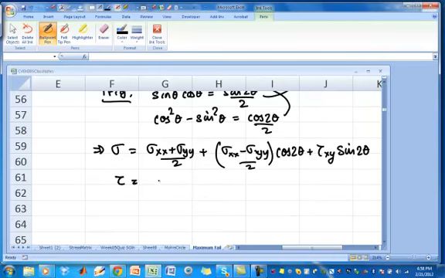Tau equals negative of sigma xx minus sigma yy over 2 sin 2 theta plus tau xy cos 2 theta.